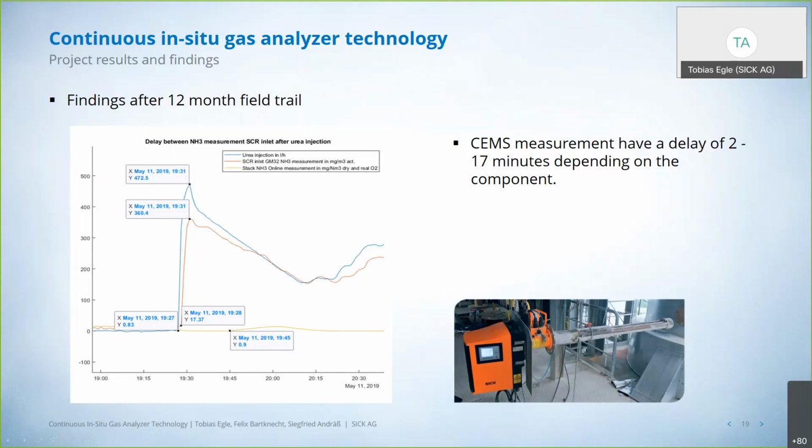NO is typically in a range of 8 to 10 minutes, and NH3, as it absorbs very strongly on surfaces, is up to 70 minutes. On average, it's 12 minutes. So a real SCR control with a SAM system is, without an additional analyzer, not really possible.